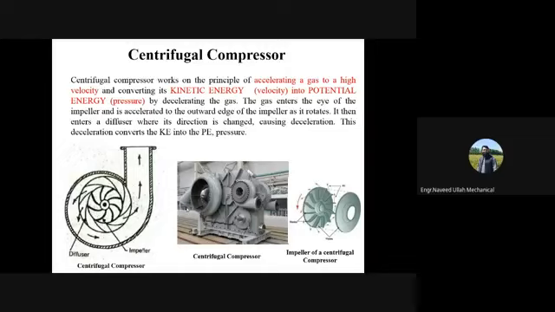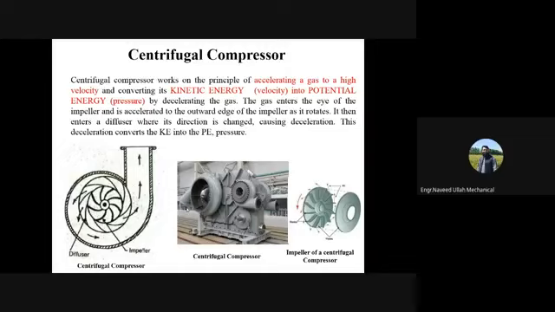The compressor is then a mechanical equipment that is used to increase the pressure of a compressible fluid. We have different types of compressors: positive displacement compressors and rotodynamic or dynamic type compressors. So today we will discuss those things, right?